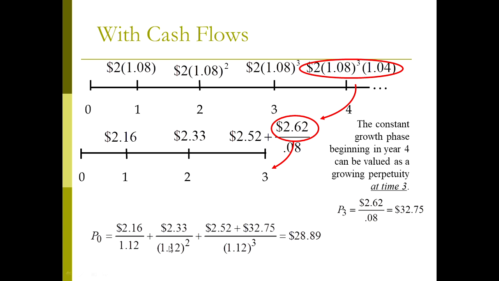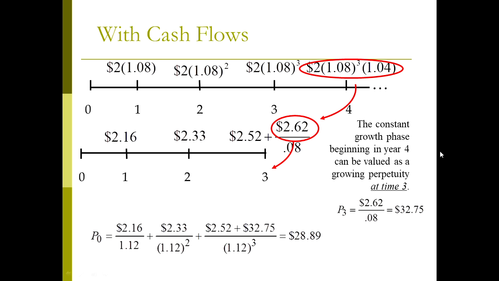Okay? Alright, so to calculate the P0, we need to discount the first dividend at 1 plus 12%, the second dividend at 1 plus 12% squared, the third dividend plus P3, which is $32.75, together, discounted at 1 plus 12% to the power of 3 years. You add all of the items up. The price of the stock you are willing to pay is $28.89.